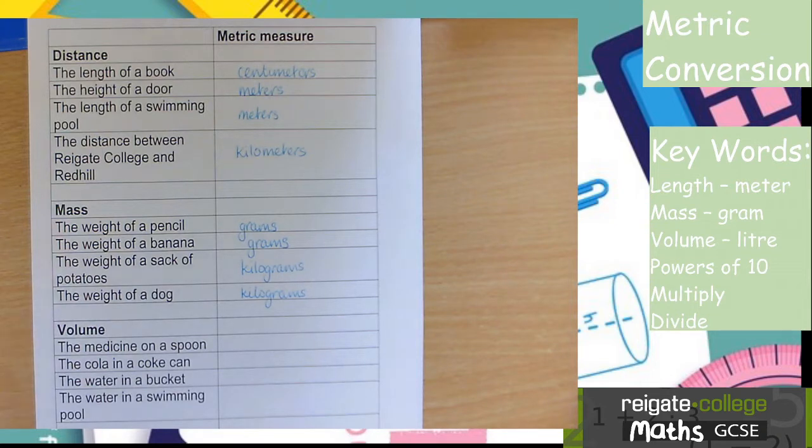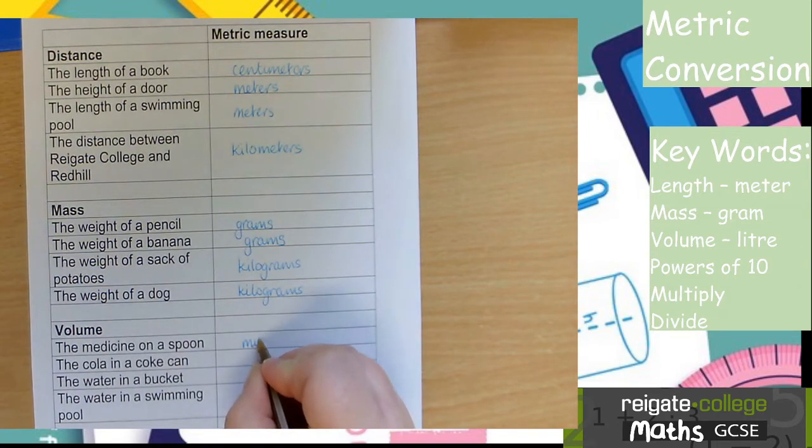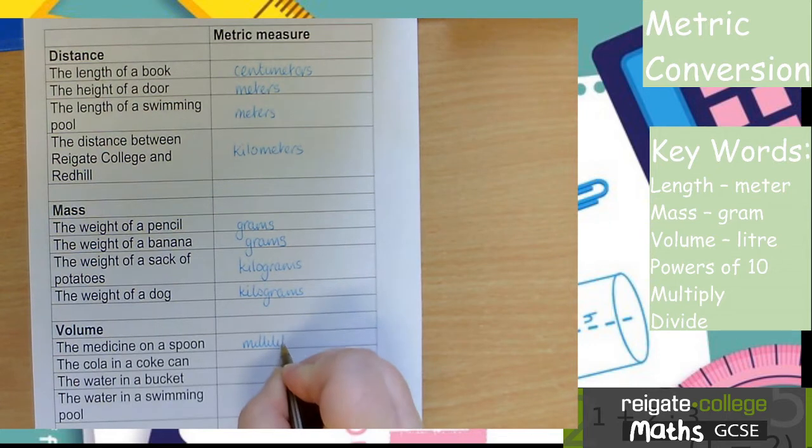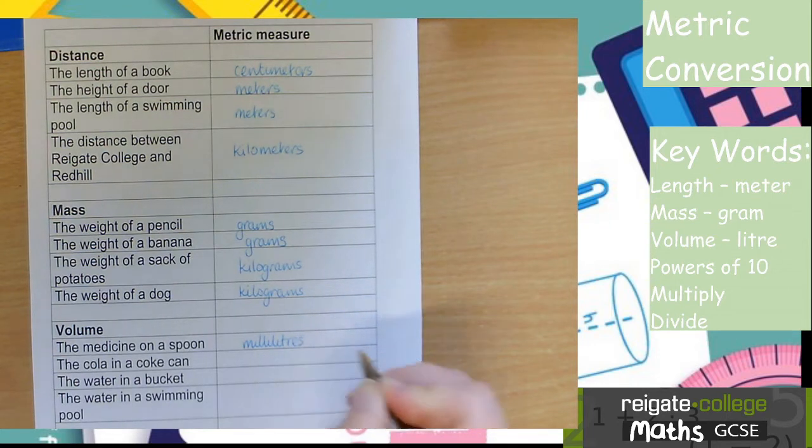Volume, I measure in litres. The medicine on a spoon would be millilitres. As would the amount of cola in a Coke can.